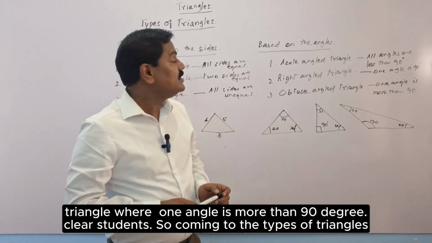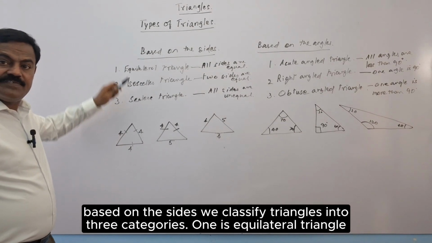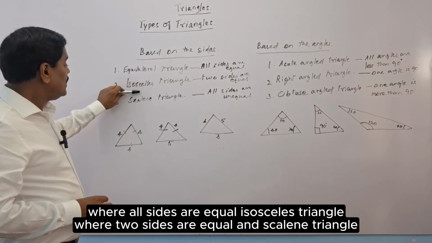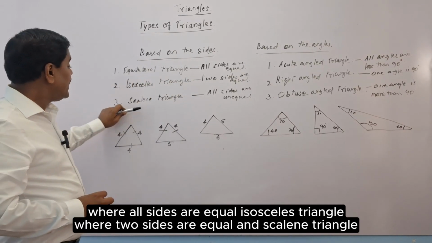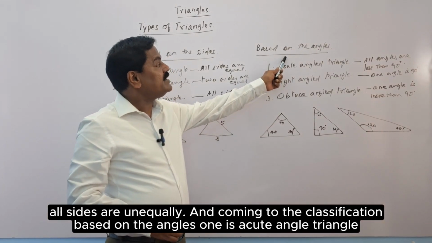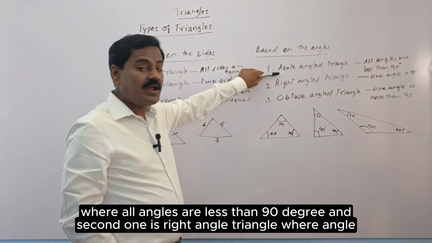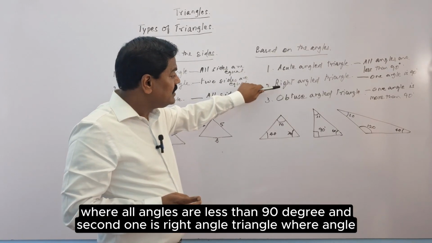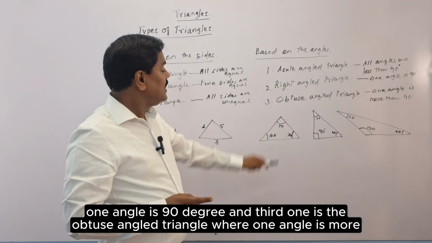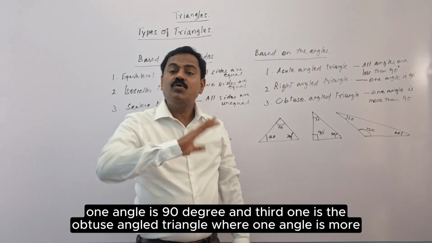So, based on the sides, we classify triangles into equilateral triangle, where all sides are equal; isosceles triangle, where two sides are equal; and scalene triangle, all sides are unequal.